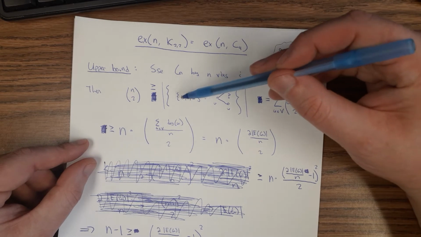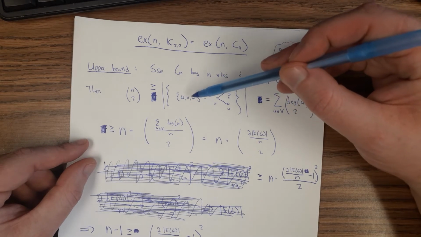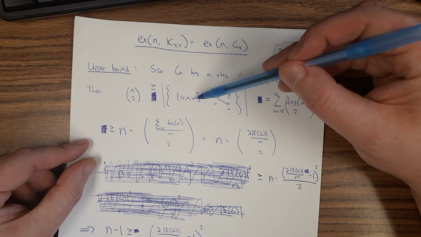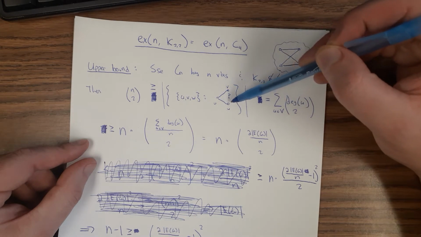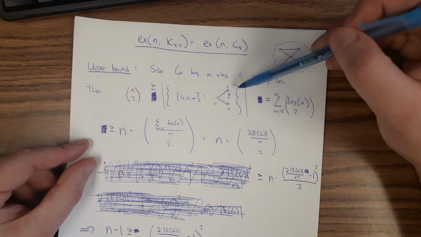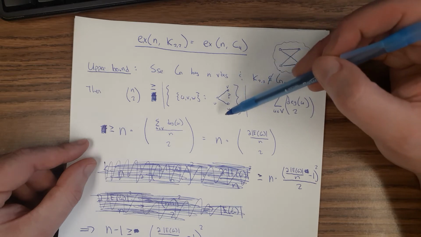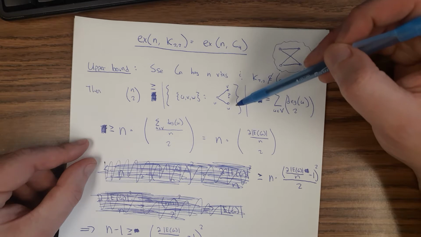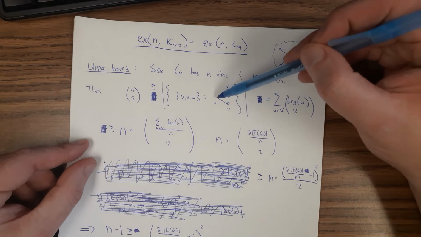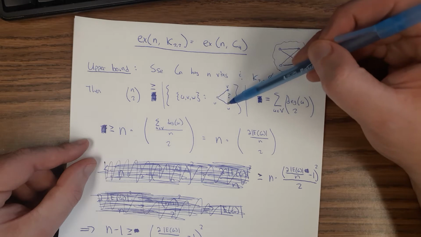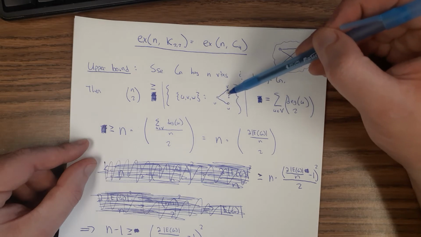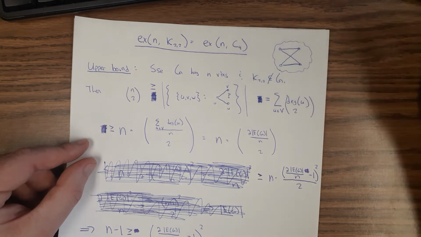I'm going to count the number of triples. It's a set of 3 vertices such that we have this. I didn't write mathematical, logical things here, I just drew a picture. This picture is supposed to say that the edge from u to v is there, the edge from u to w is there, and the edge from v to w may or may not be there.